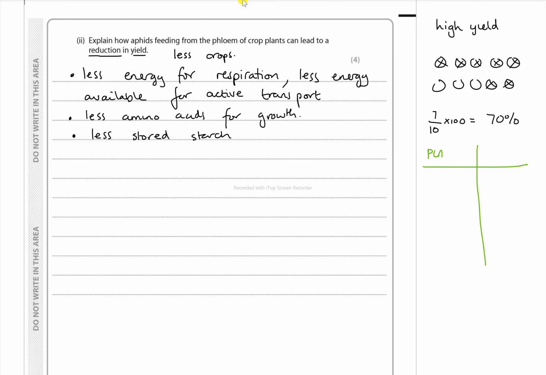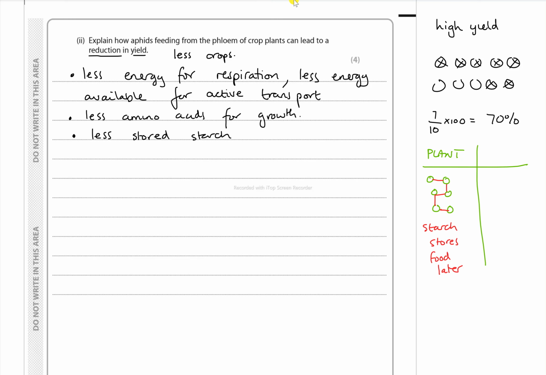This is for a plant. The plant takes sugar, joins them together, and forms a molecule called starch, and then stores it as food for later.